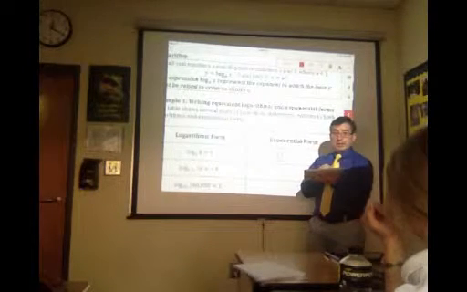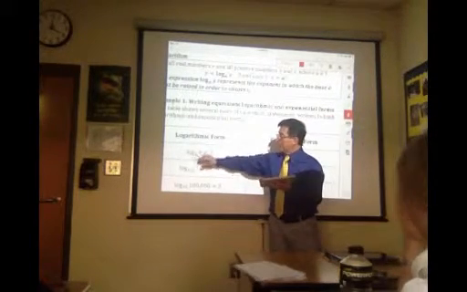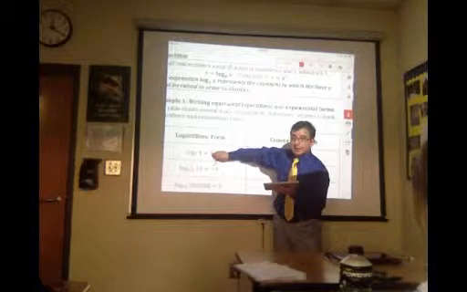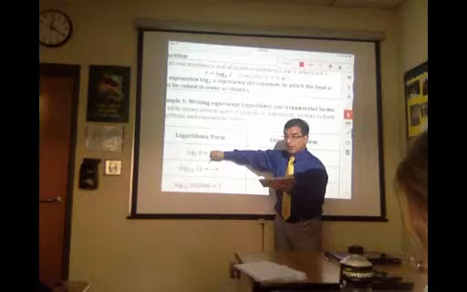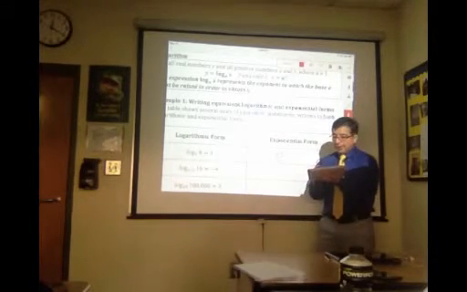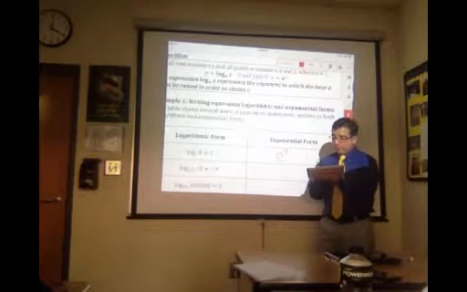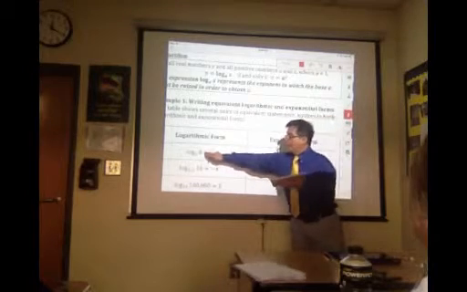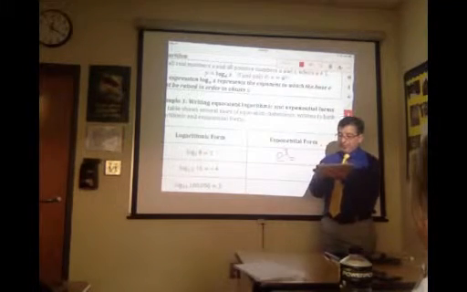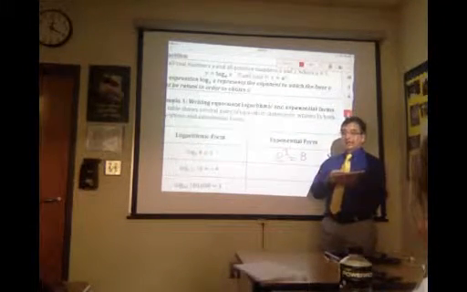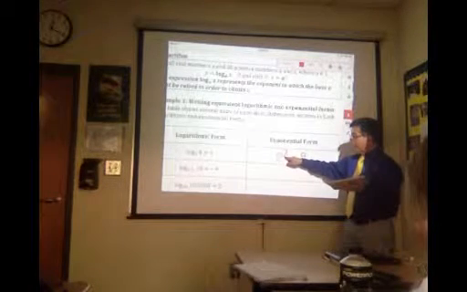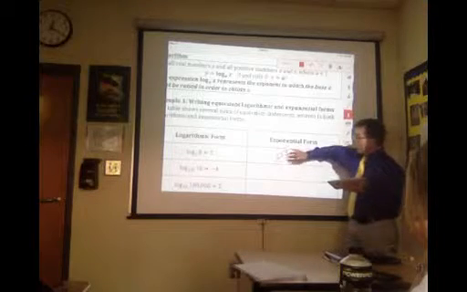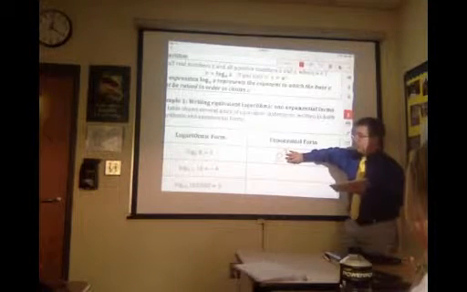What is the power? The power is the number this logarithm is equal to, the exponent. So this exponent is 3. So 2 to the 3 must be equal to the argument, which is 8. Easy. Did you see? 2 to the 3 is 8. So we write this expression in this form.